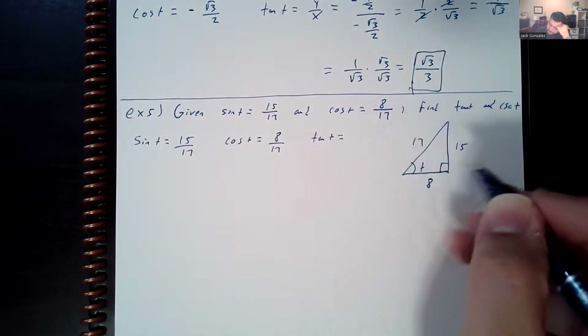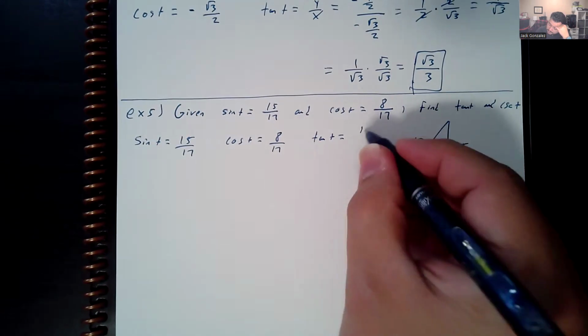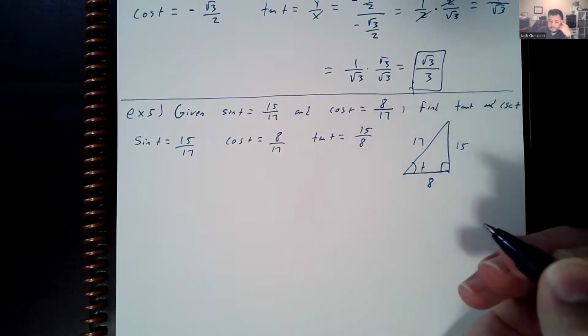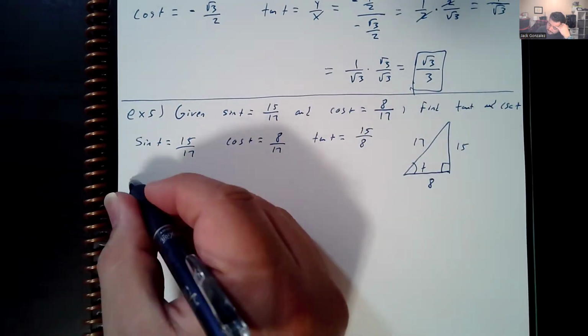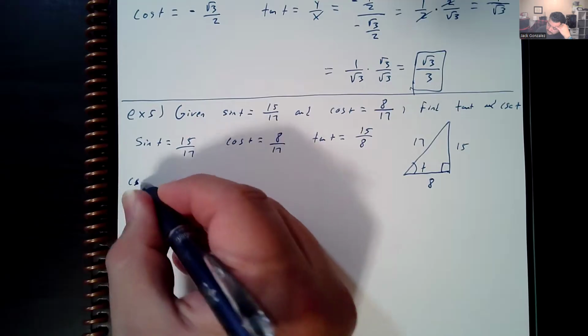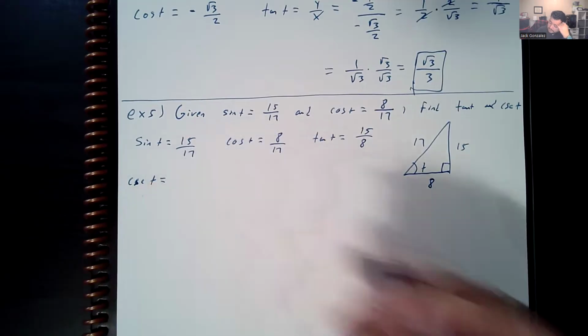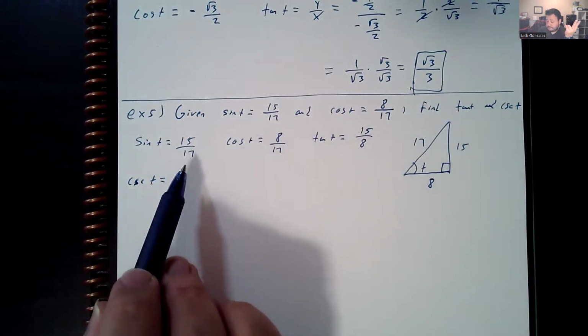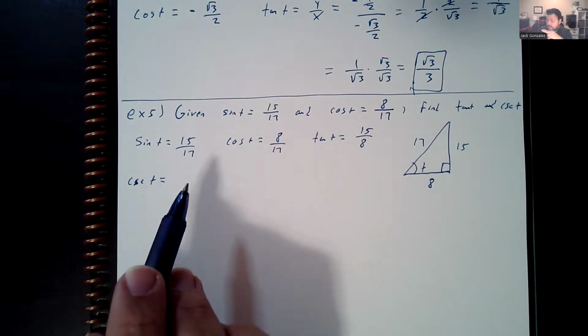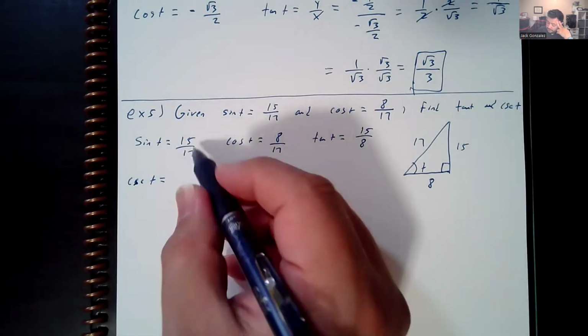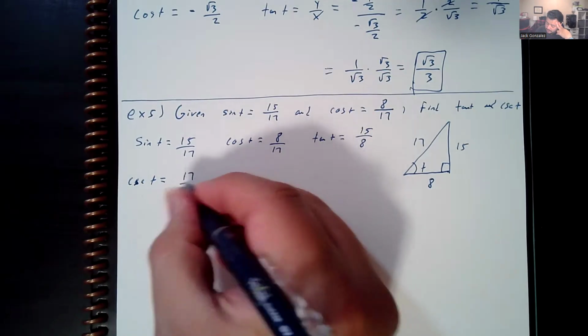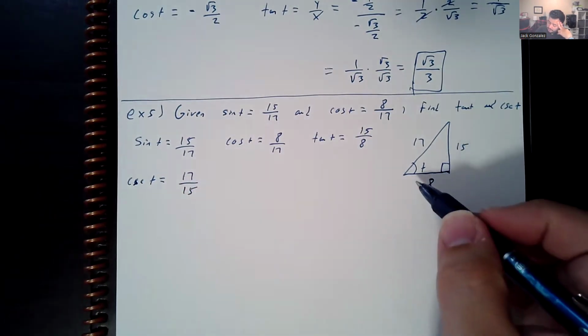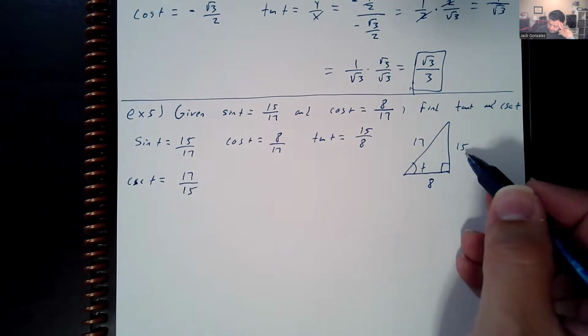Tangent was opposite over adjacent, so 15 over 8, because they're right there. Cosecant t is technically, we said, hypotenuse over opposite. In other words, flip over the sine. Or go to the triangle and go, okay, hypotenuse over opposite.